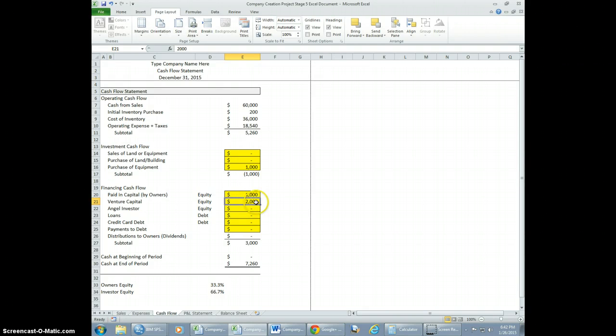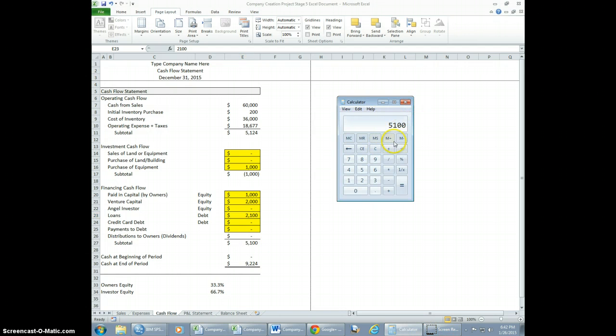So this is $2,000 right here, and then the remaining amount to get me to my $5,100, I'm going to take out a loan for $2,100. So I'm going to put the $2,100 in here, and this is where you'll see you have an amount of $5,100, which is the amount that we wanted to get from the beginning.